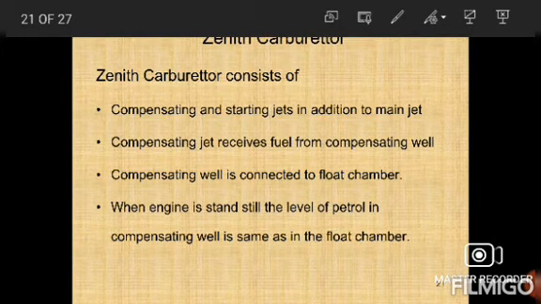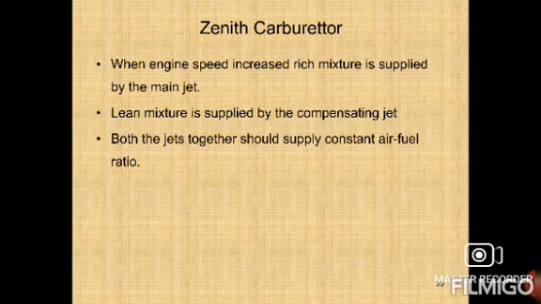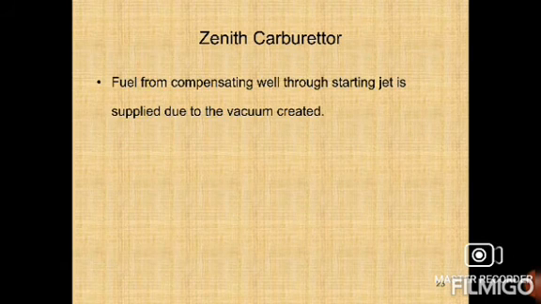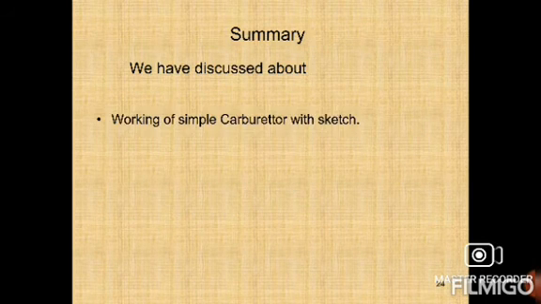To operate the engine cylinder in idle condition, running condition, or load condition, whatever it may be, each and every time we need to supply the required amount of air fuel mixture.